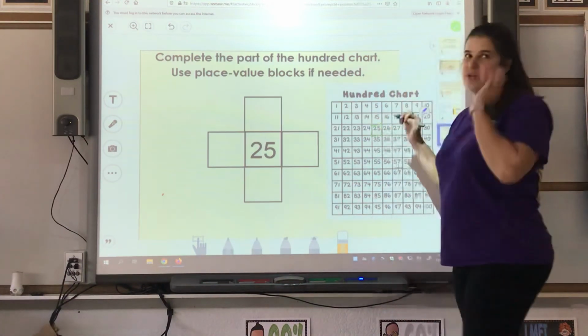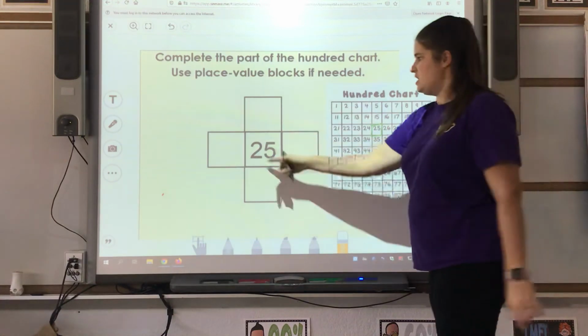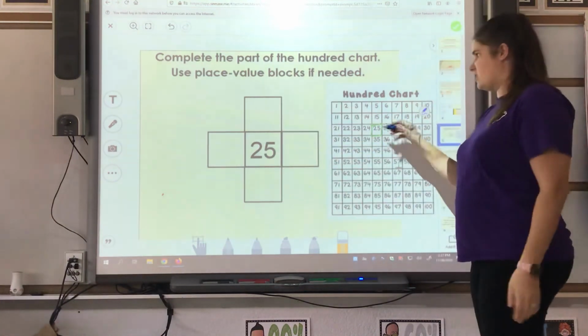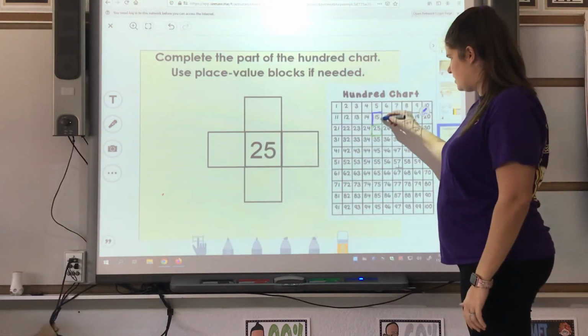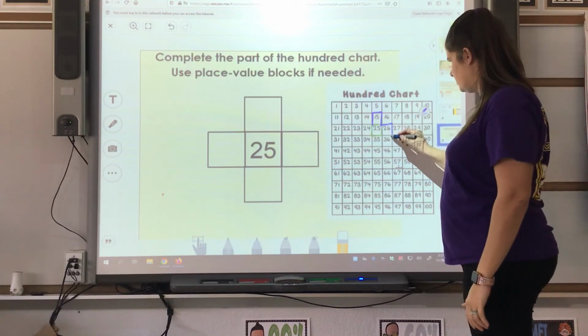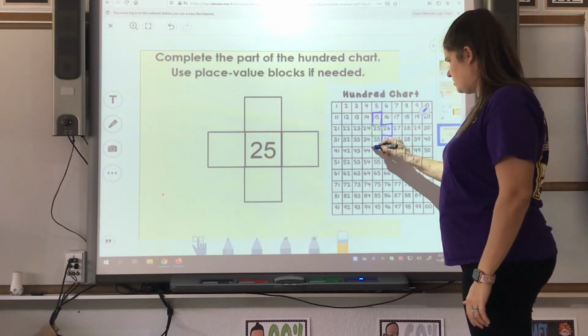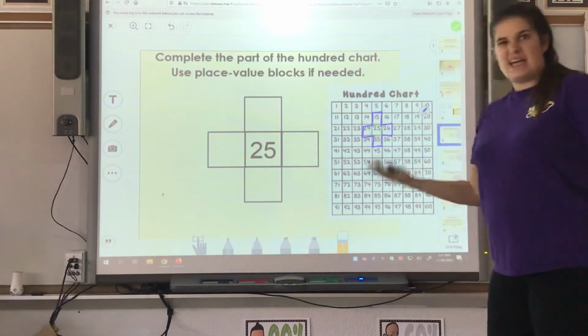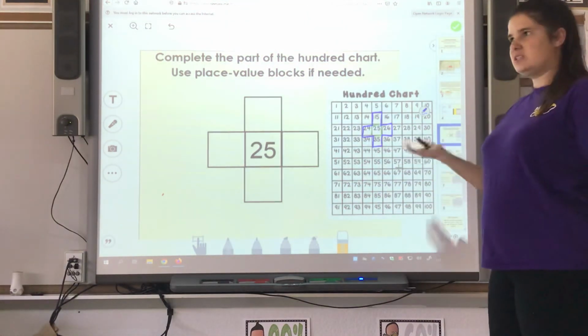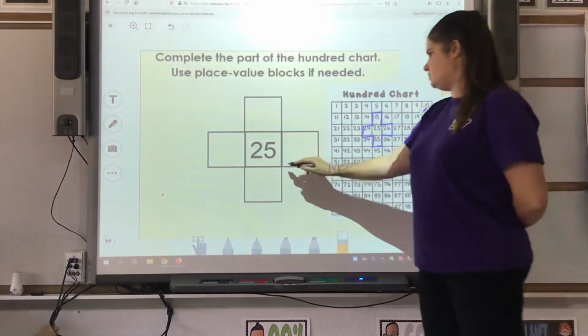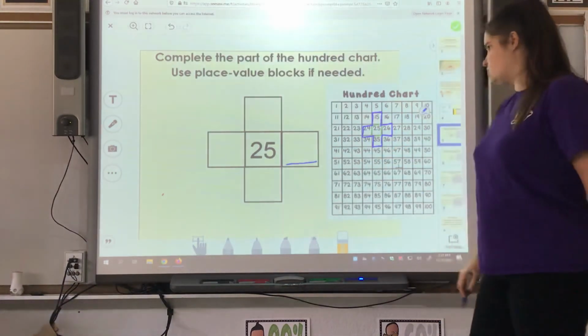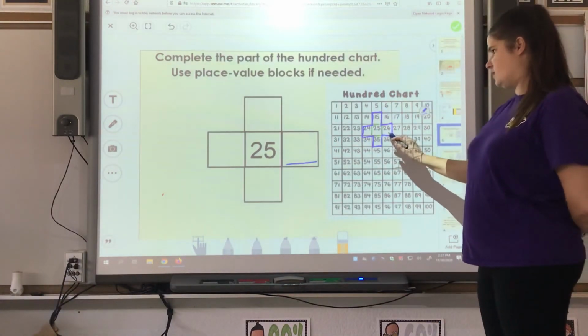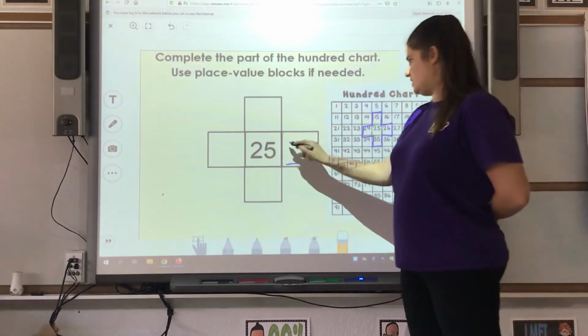I like to put the magic number in the middle in a different color. And then around it, I use a different color to give me all the numbers that I need. So if I needed to know plus 1, this is plus 1. 25 plus 1 would be 26.